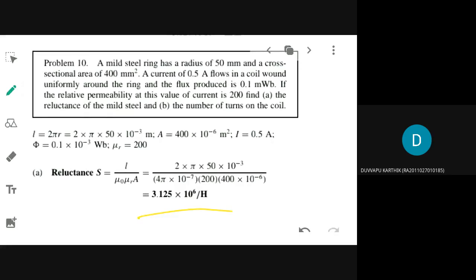N. You know the relationship between reluctance, MMF, and flux. What is the relationship? NI divided by S is equal to phi. So phi is directly given.